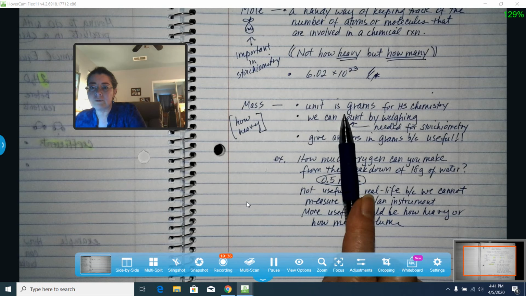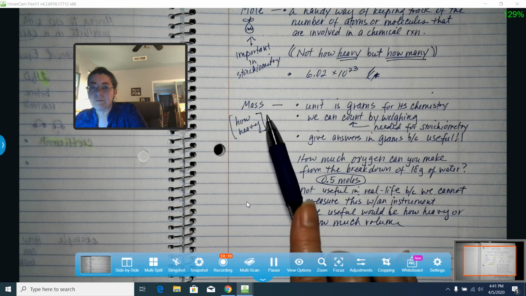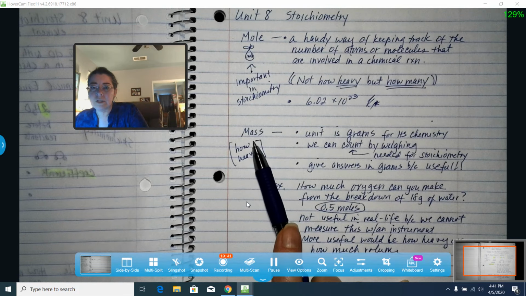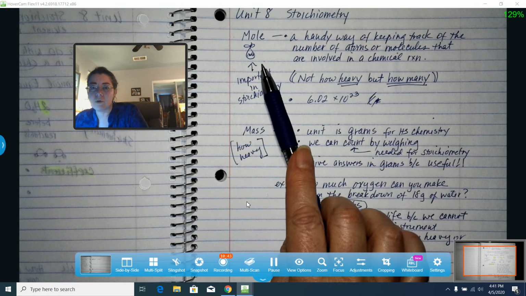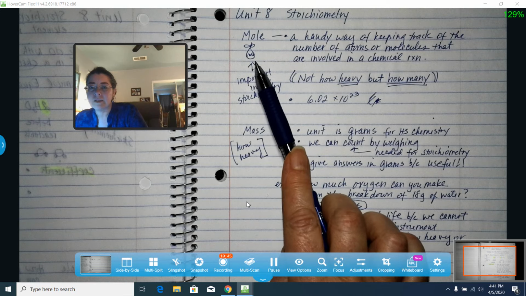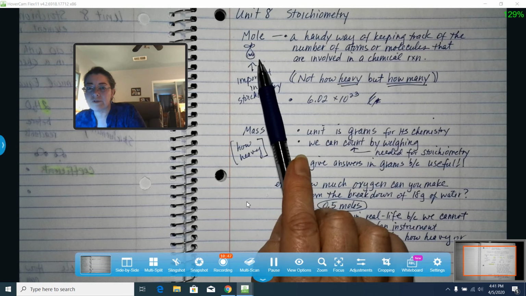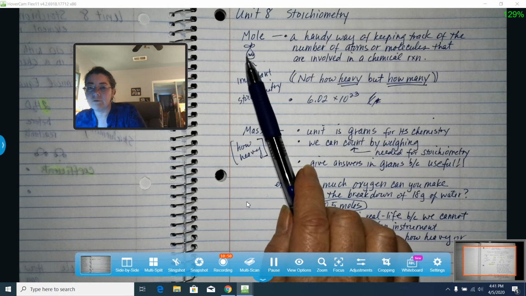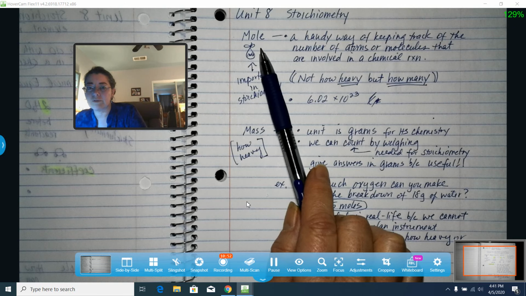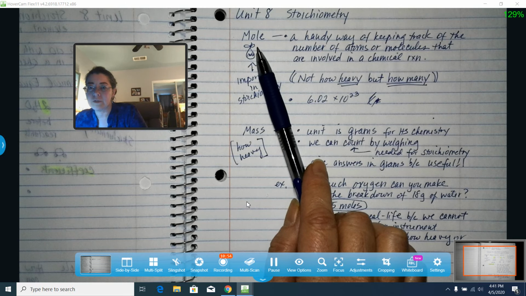And the unit would be in grams for chemistry. But what we absolutely need for stoichiometry is moles, because that is what the balanced equation can use. The ratios in the balanced equations are all about the ratio of the moles.